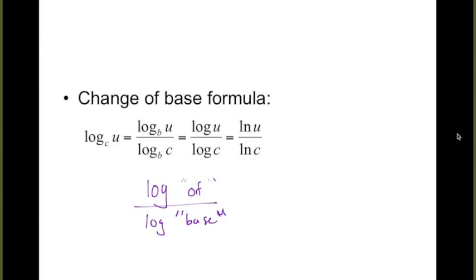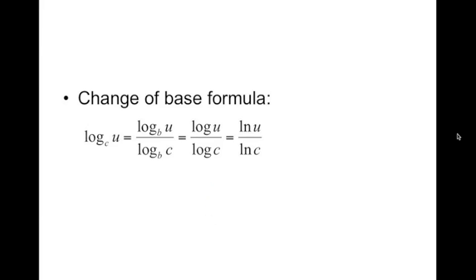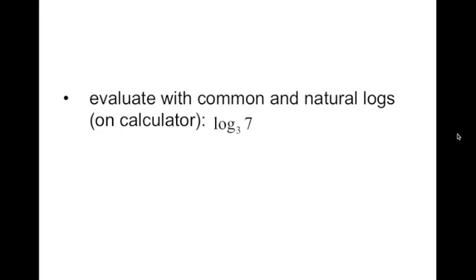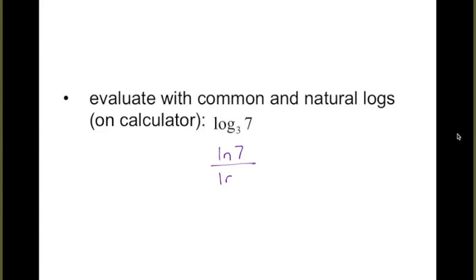We use the words "of" and "base" when we have numbers in a problem like this. What we do is take the log or the ln of 7 divided by the log or the ln of 3. Okay, so you do the log or the ln of the "of" part divided by the log or the ln of the base number. You have to do the same thing on top and bottom.